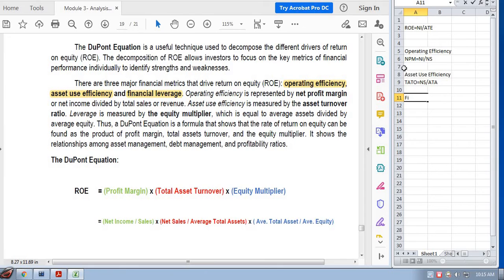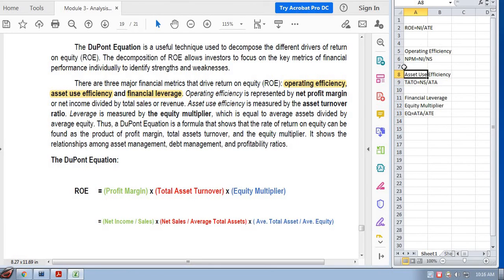Okay, so dito sa financial leverage, the ratio that we are going to use is the equity multiplier. And the formula for equity multiplier is average total asset divided by average total equity. Okay?